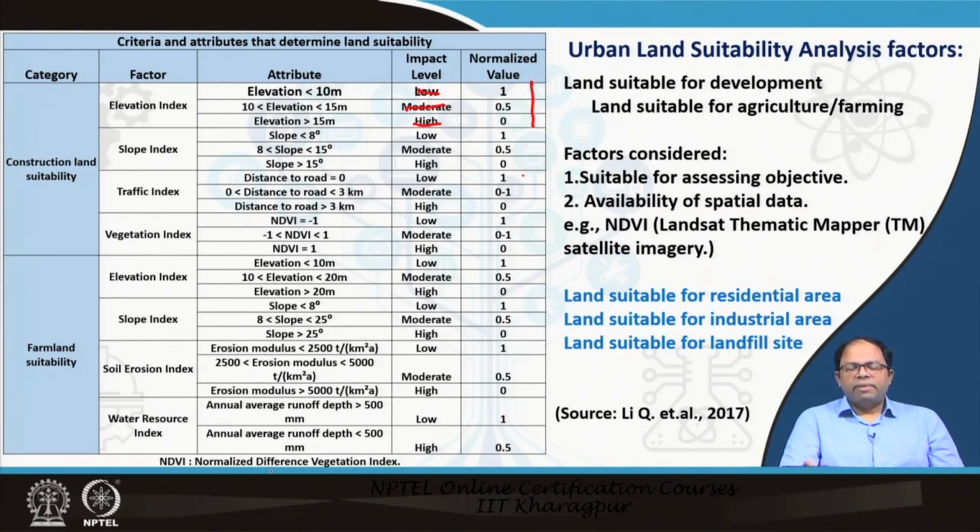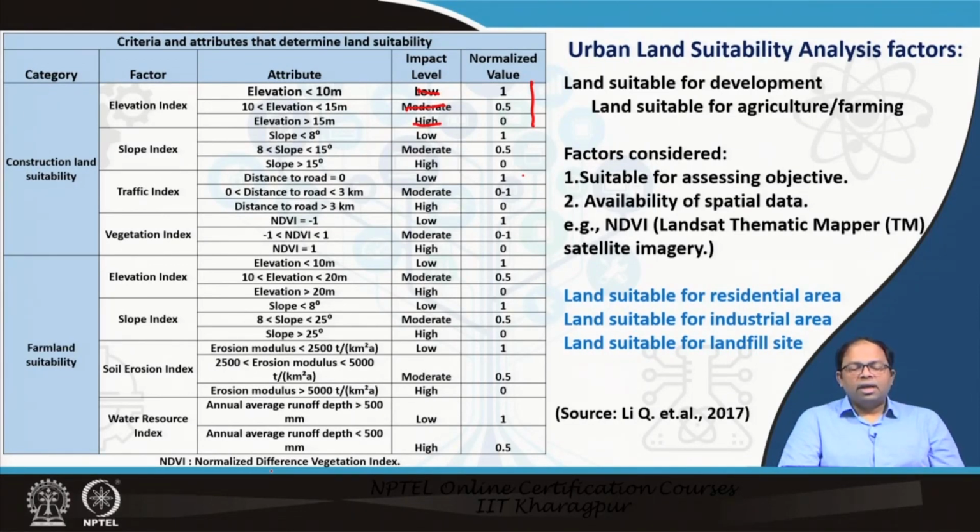And the different factors that were considered actually depended on two things. One is that the factor is suitable for assessing the objective, and the second criteria is availability of spatial data. That means, is data available to assess those objectives? If I don't have an elevation map, or if I don't have a contour map, I will not be able to generate either the slope or the elevation.